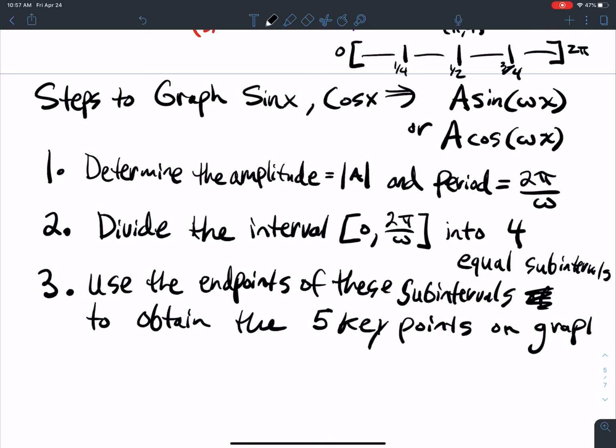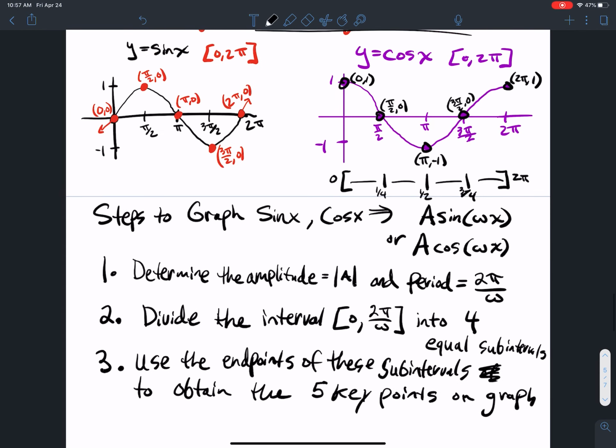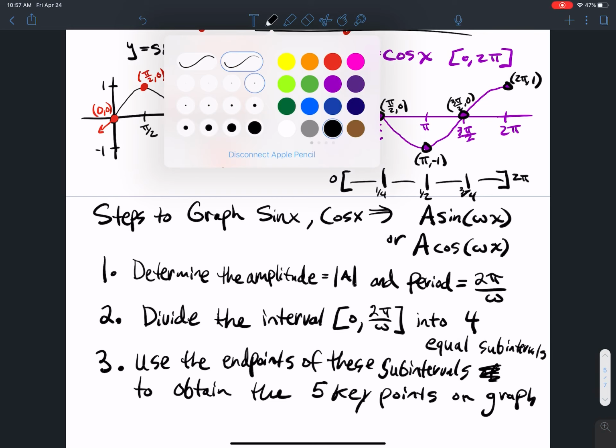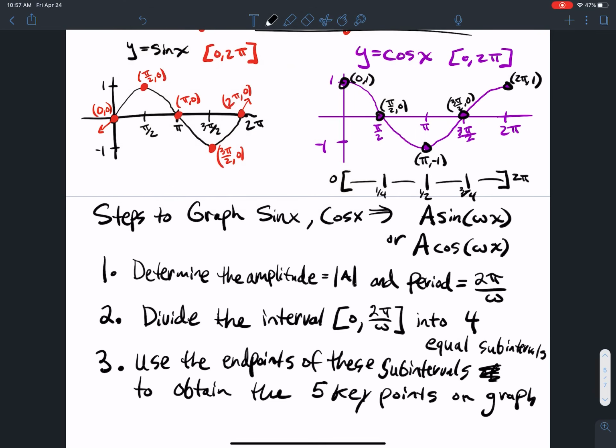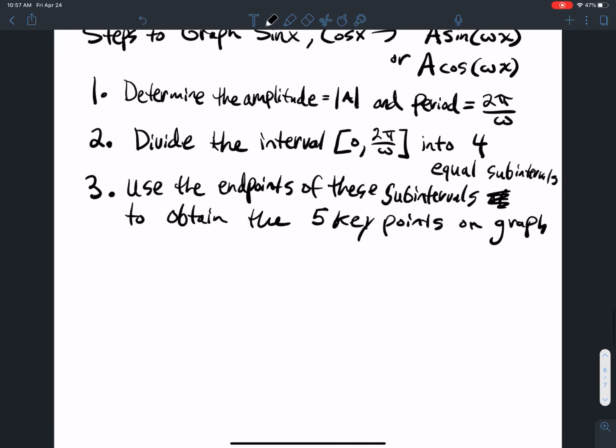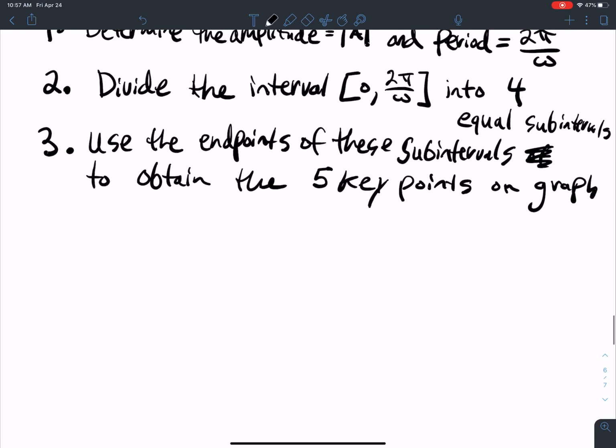Just like we did up here, I find the x values and then plug in to get the y values. Once I have those, all I have to do is follow the trace of the curve. So basically, connect the dots. You wonder why you had to connect the dots when you were little? It was preparing you for trigonometry in pre-cal.